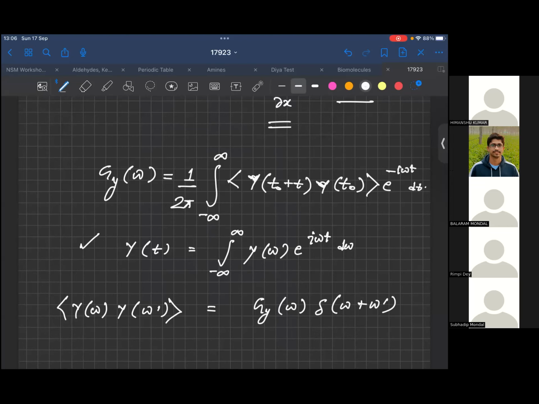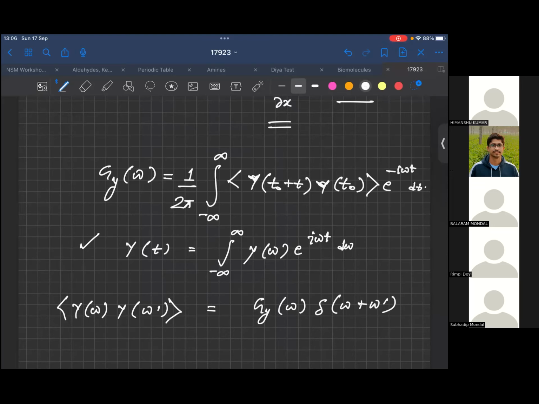Velocity and dipole autocorrelation are exactly... if we write the dipole in terms of coordinate and charge, write it down. So basically, if we approximate our dipole function as a linear function, then will it be accurate or not?